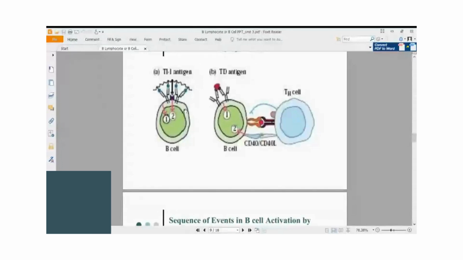TI1 is lipopolysaccharides, TI2 is supposed to be glycoproteins, flagellins, and proteins. So the thymus independent antigen has its own role to play, and it does play some role in the acquired immune response to produce only one class of antibody, IgM antibody, and it does not last long.